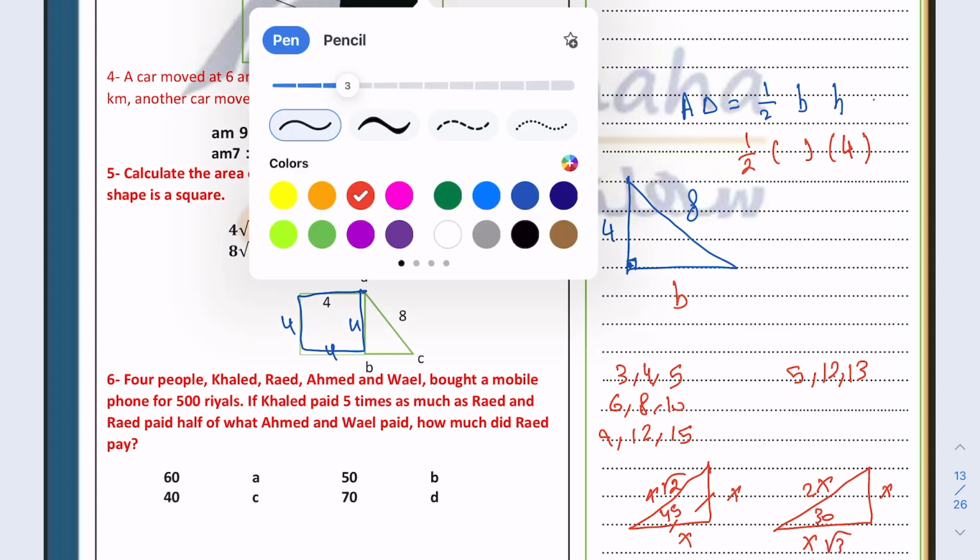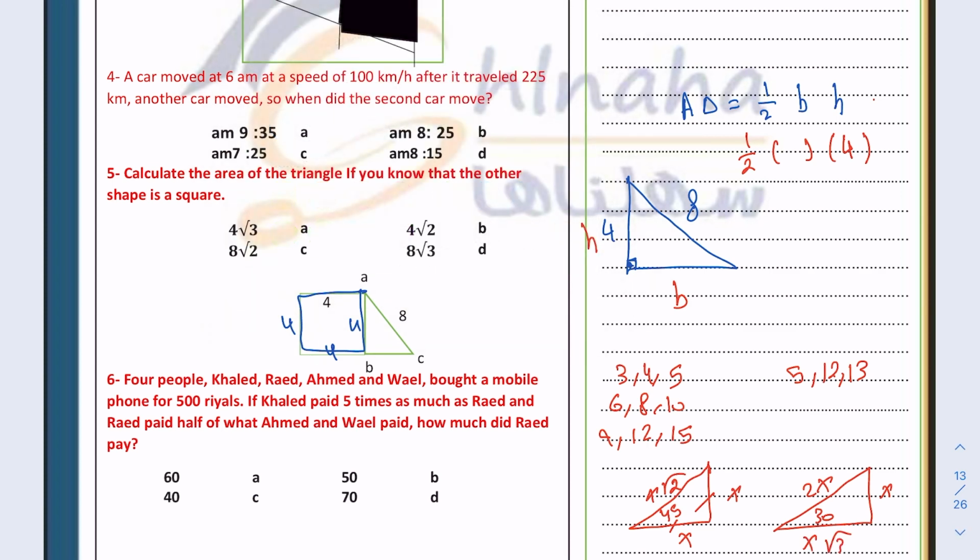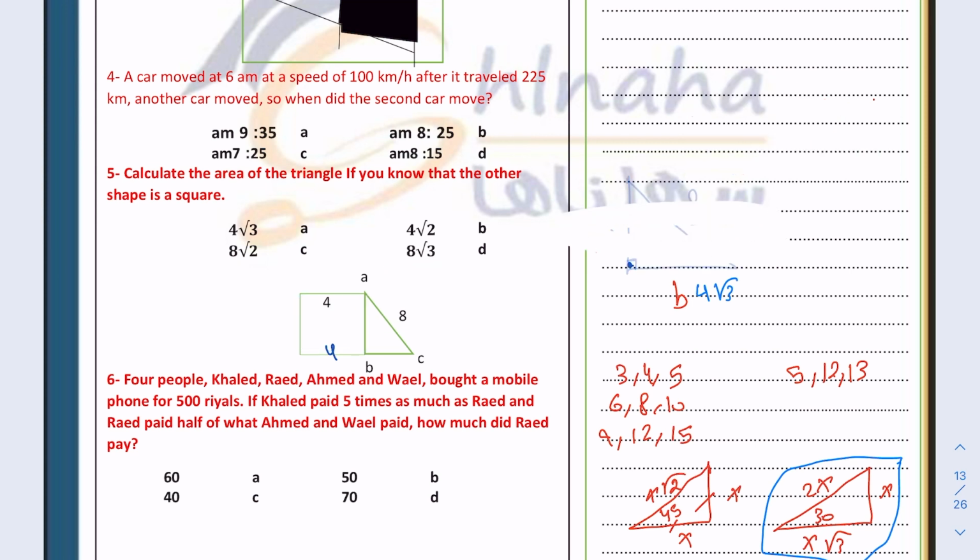Which special triangle do I have here? I have 4 and its double, so I'm talking about this triangle: 4 and double 4, which is 8, and here will be 4 radical 3. So I can write here 4 radical 3. How can I multiply? Half of 4 is 2, 2 times 4 is 8, so it will be 8 radical 3. Let's take the next part.